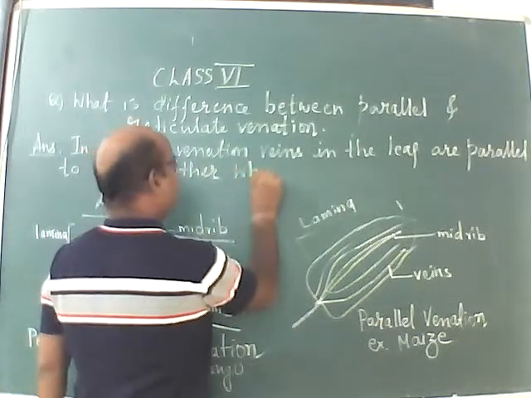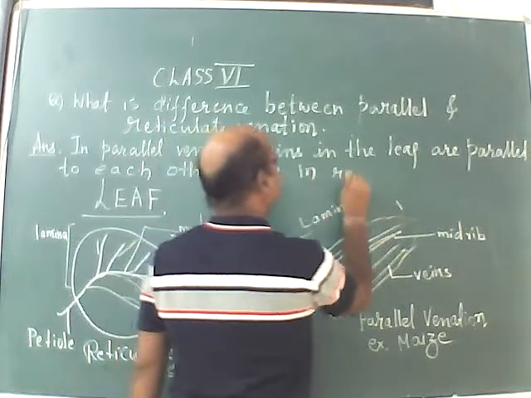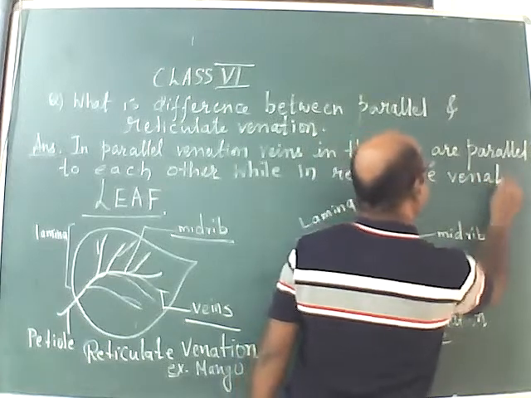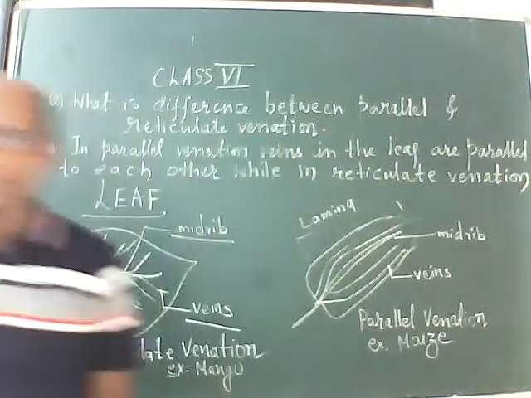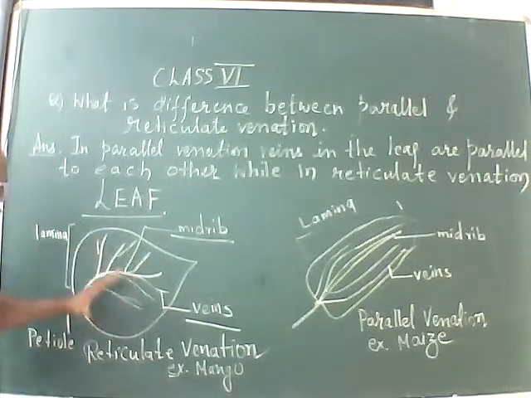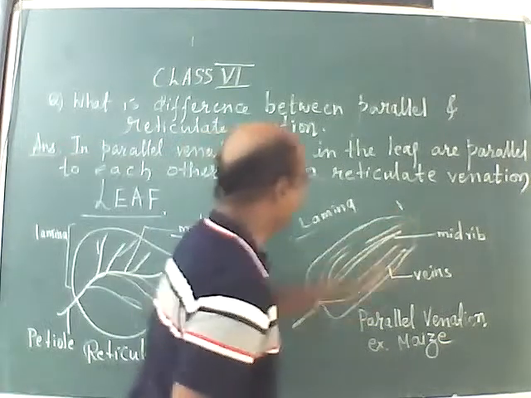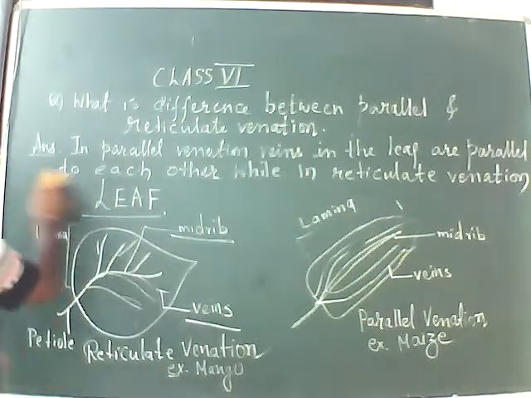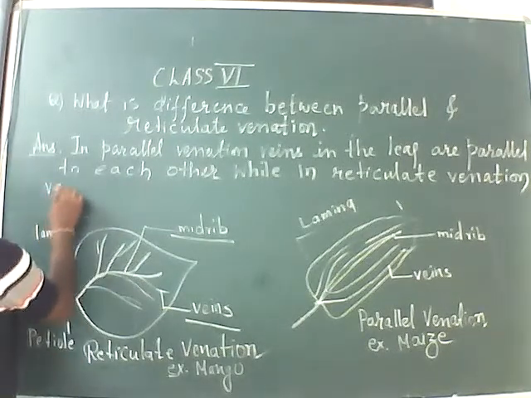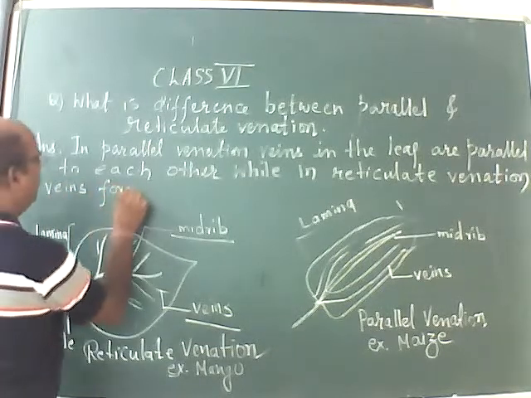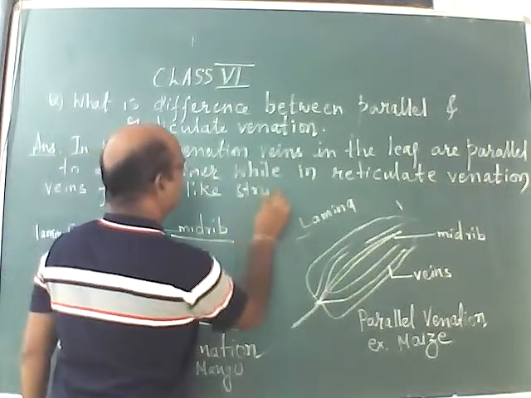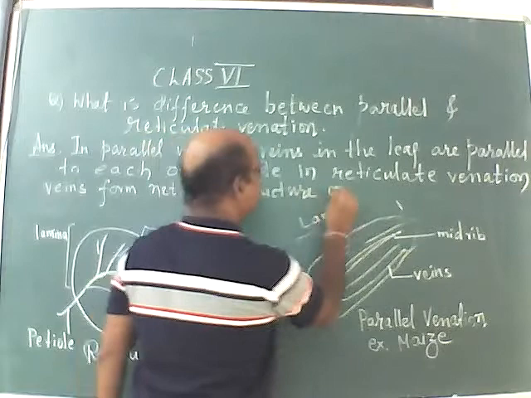While in reticulate venation, veins form a network-like structure. Here you can see very clearly, they have a net-like structure on both sides of the midrib.